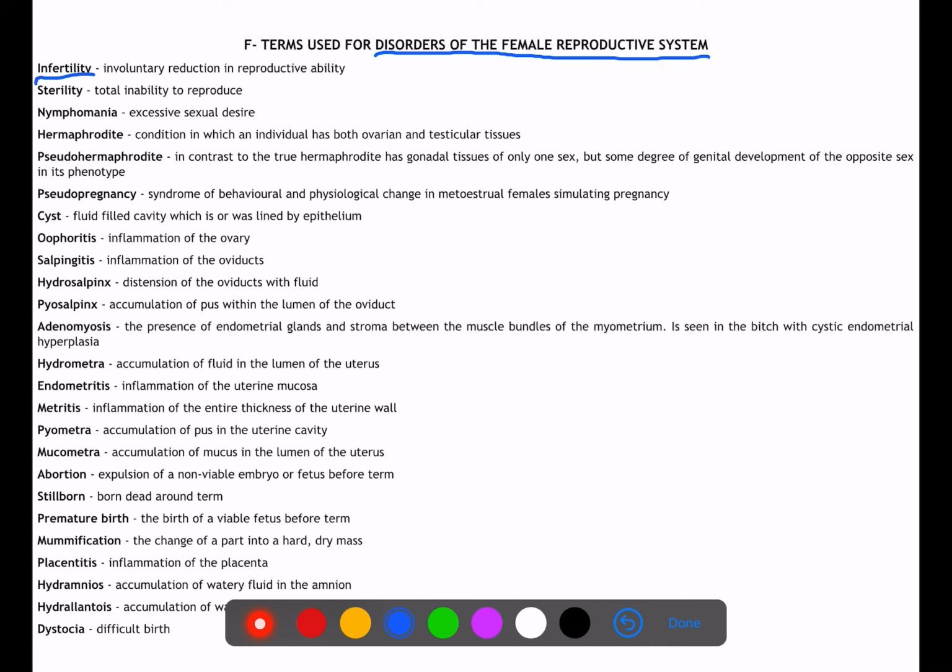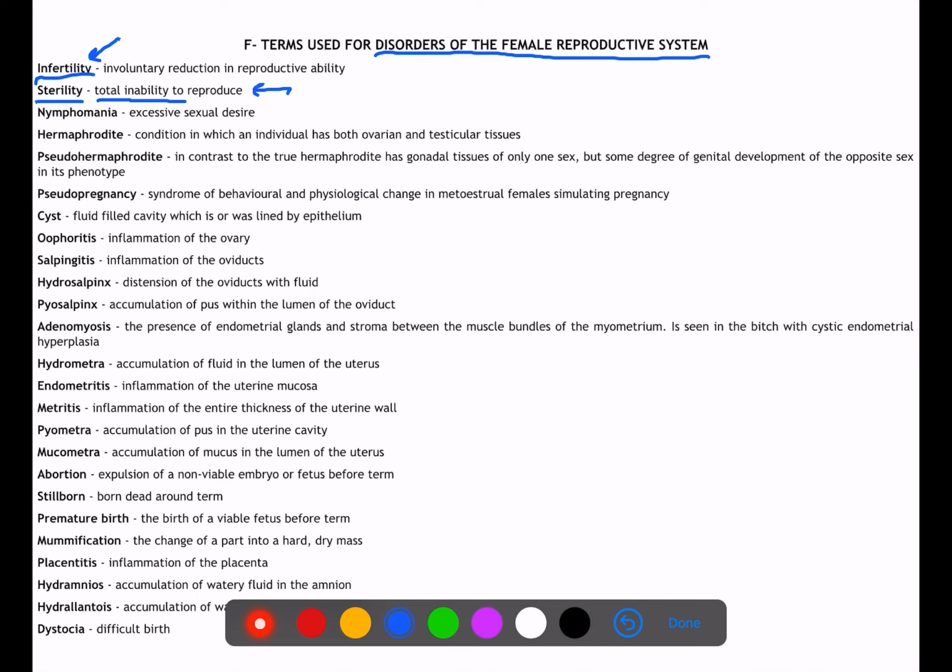Infertility means involuntary reduction. Sterility is total inability. Infertility may be treated; sterility cannot be treated.